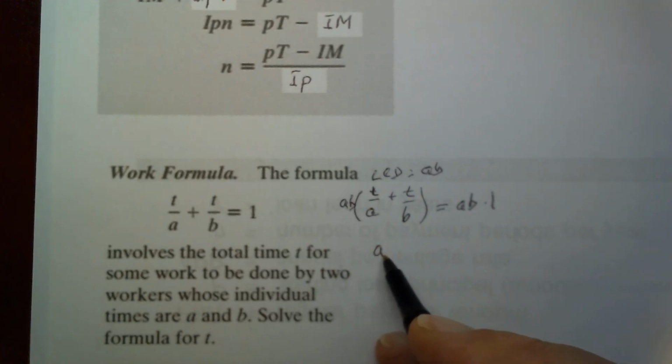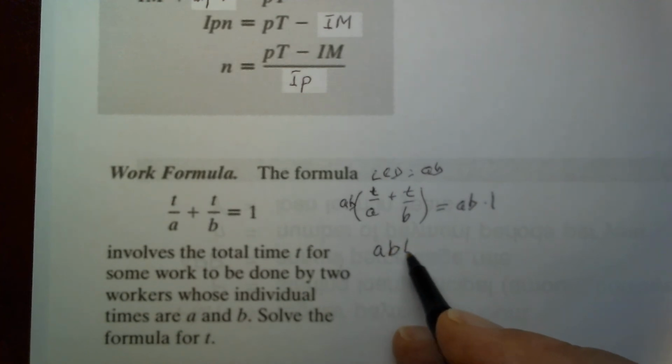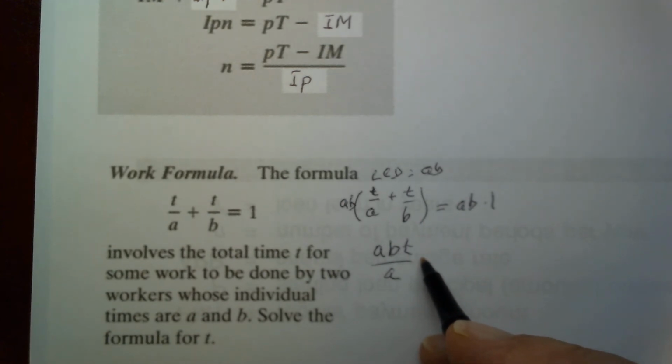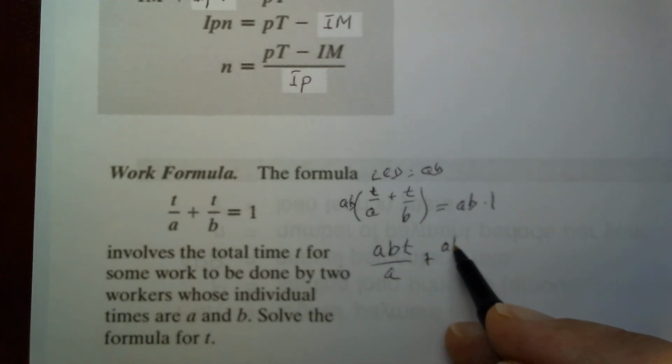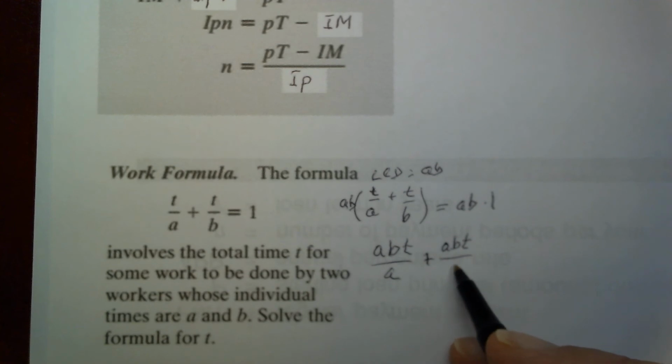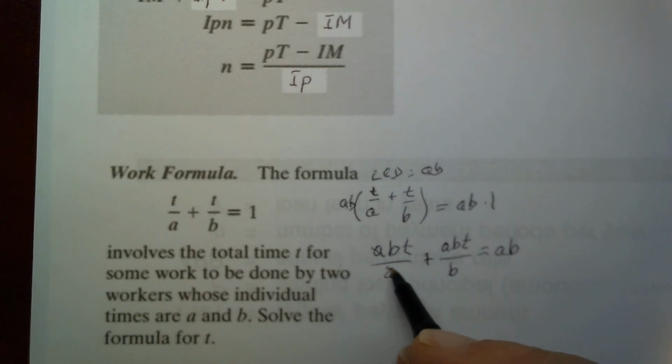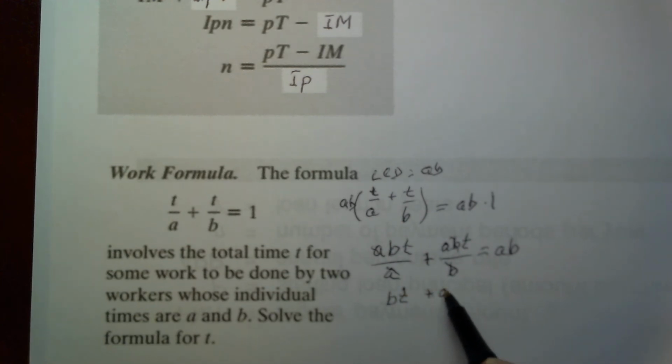This becomes AB times T divided by A plus AB times T divided by B equals AB. Now the A's cancel and the B's cancel. So now we have BT plus AT on the left side equals AB.